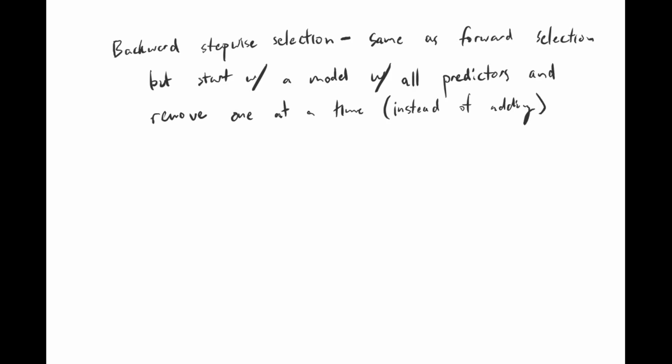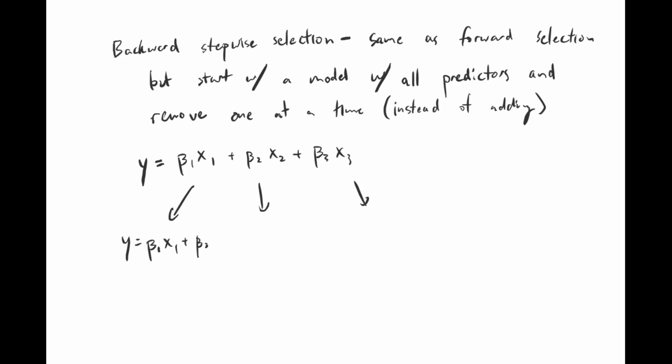So in the example that I gave, it would be beta 1 x1 plus beta 2 x2 plus beta 3 x3. And then you would test y equals beta 1 x1 plus beta 2 x2, y equals beta 1 x1 plus beta 3 x3, versus y equals beta 2 x2 plus beta 3 x3, right? So we are subtracting one away each time.